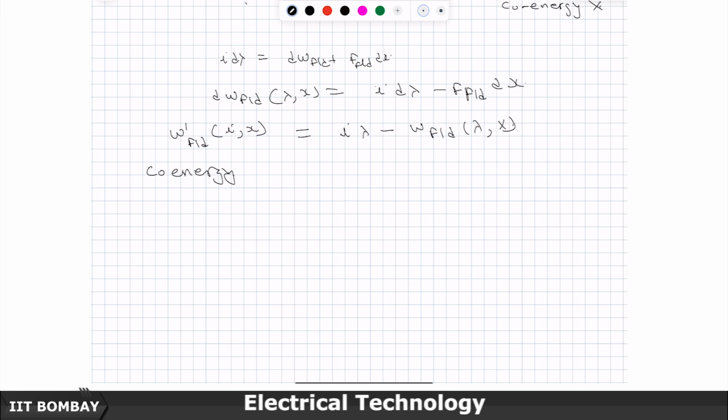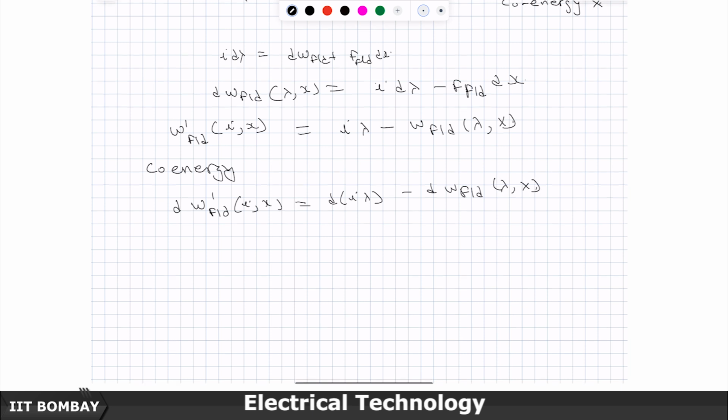Now, I will geometrically explain it very soon, but let me just do a bit of algebra first. If I look at dW_FLD' the incremental change, then I have to apply the d operator on the right hand side also.